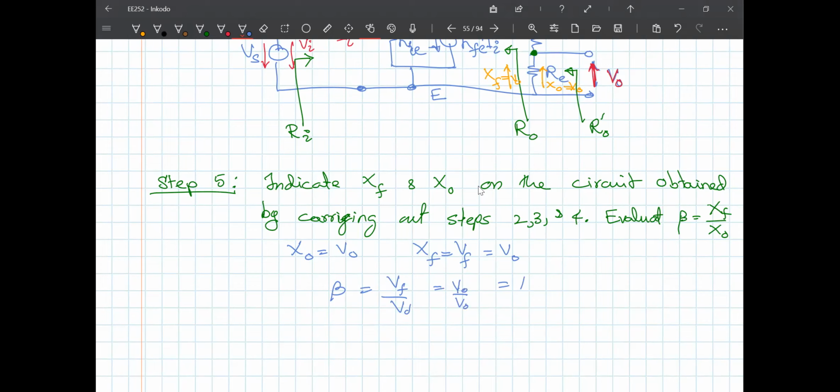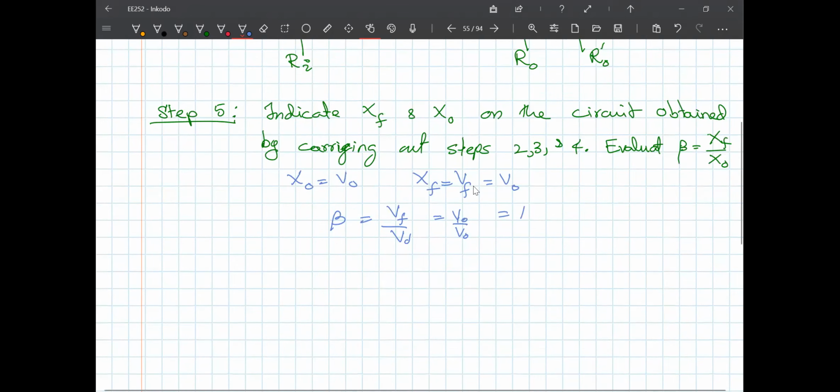So in this particular case, the feedback amount or the feedback factor beta, feedback gain, is 1. Okay, so we know the beta value.